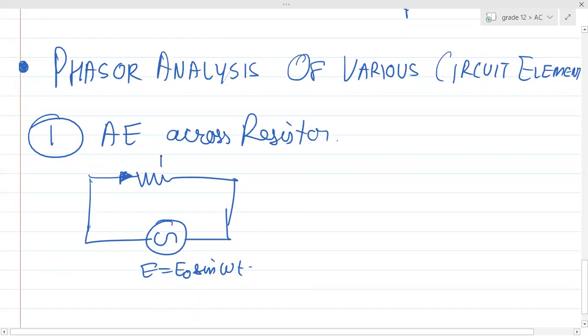What was the current, guys? Do you remember? The current was equal to I naught sine omega t, right? When we solved it, you got these equations, right? Does anyone remember, or have you forgotten?